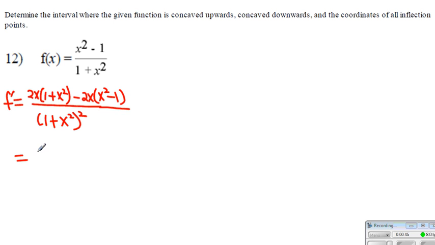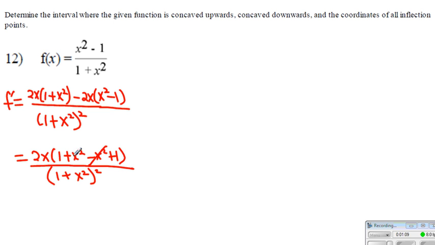Now, notice that the 2x is common, so when you factor them out, we have 1 plus x squared from the first term minus x squared plus 1 from the second term, and 1 plus x squared, entire thing squared.